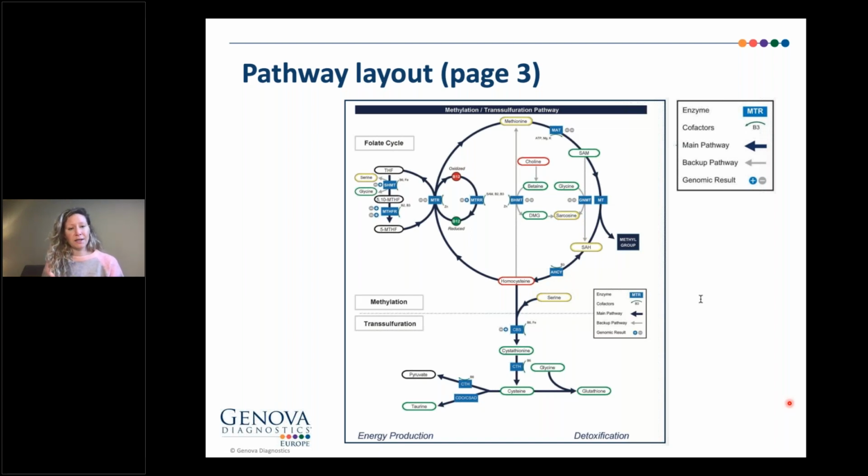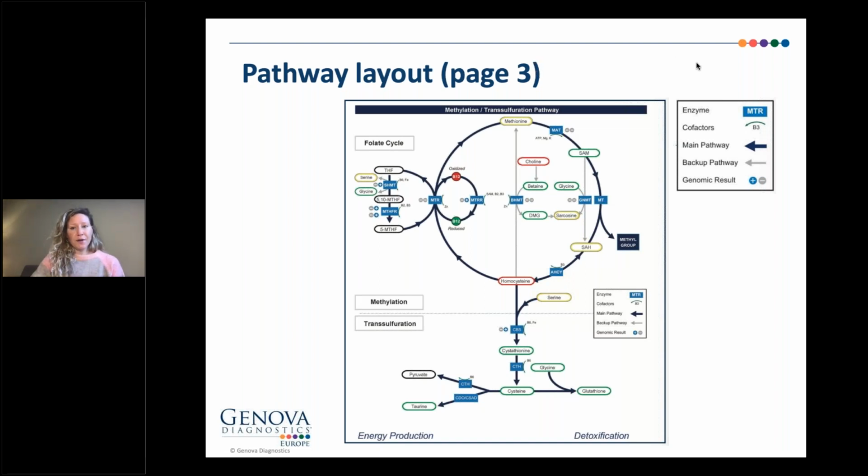This really allows clinicians to visualize a patient's unique biochemistry based on their individual genomic and phenotypic results all in one place. The genomic results appear next to the enzymes that are evaluated and utilize the same positive, negative abbreviations as on the first page. Any abnormal biomarkers appear with either a yellow or a red border, indicating either a borderline or abnormal finding, respectively.